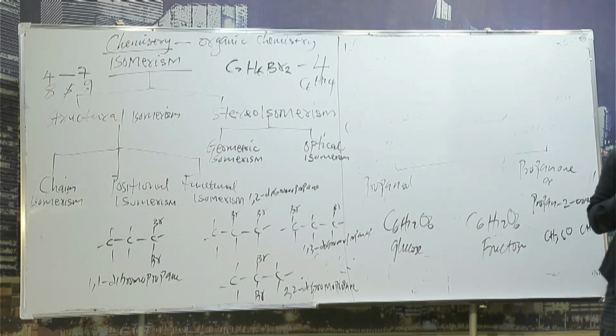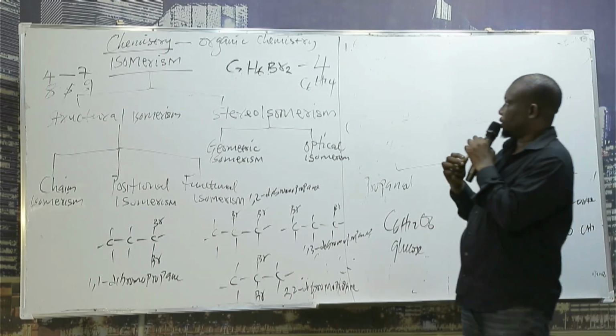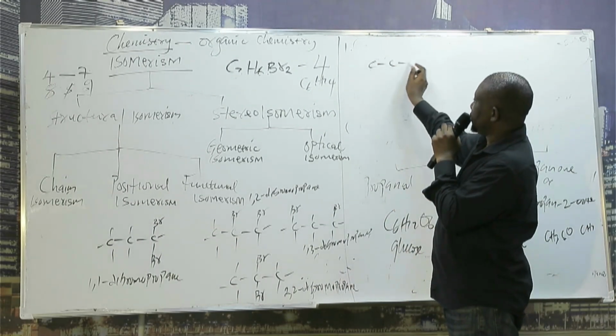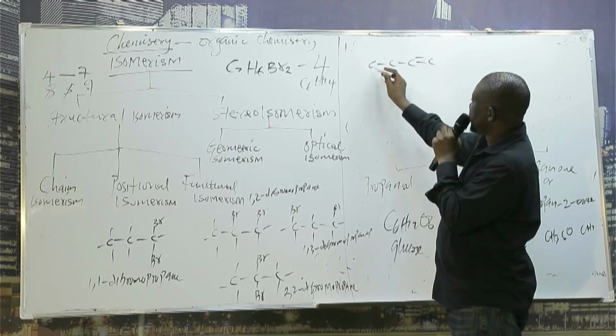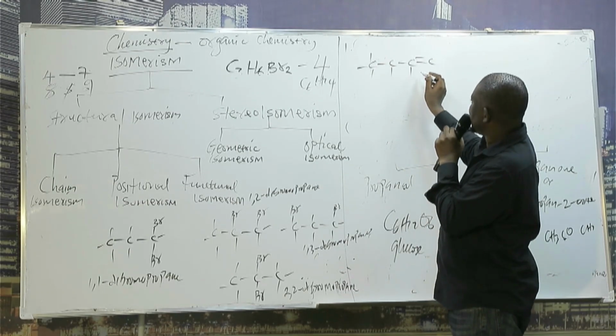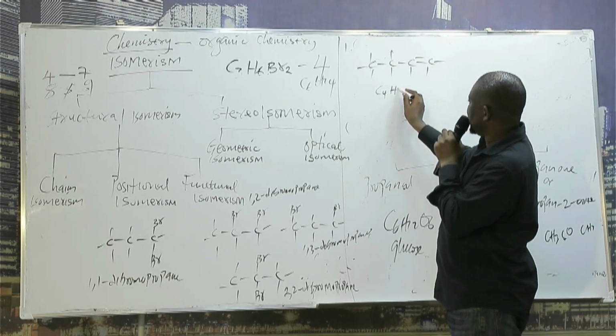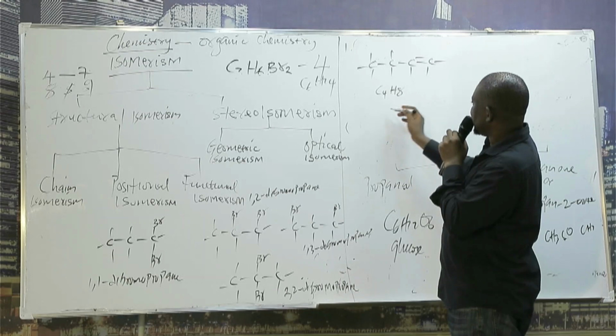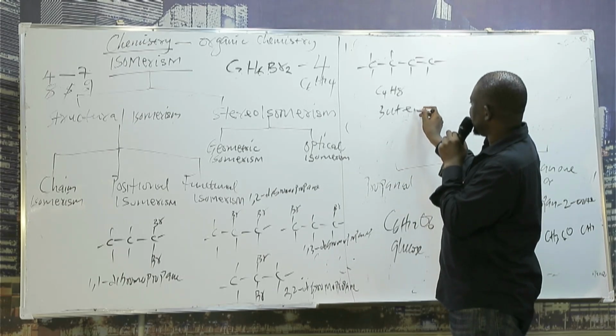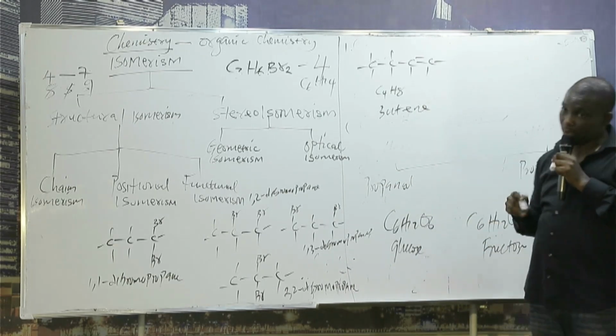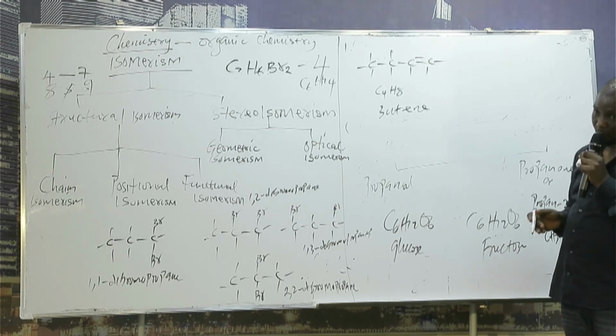Okay, let me show you something. Supposing I have this: 1, 2, 3, 4. What is this? C4H8. Check it very well. Which is what? Butene. I know it's but-1-ene, but I'm not mindful of that.